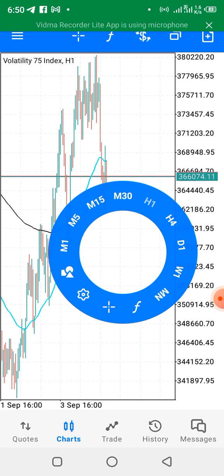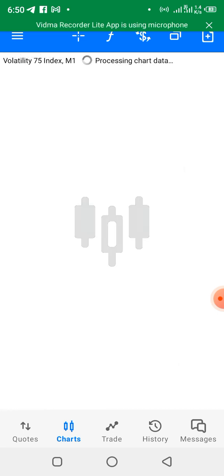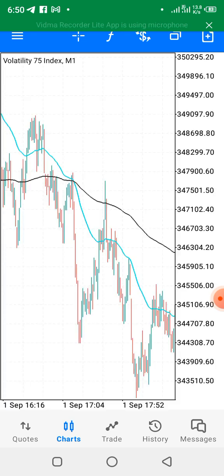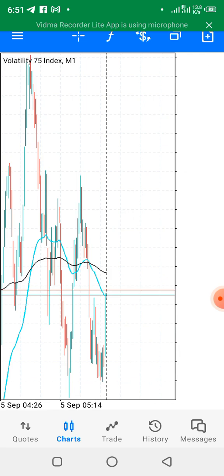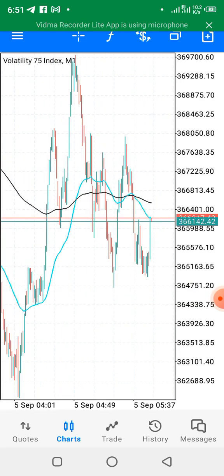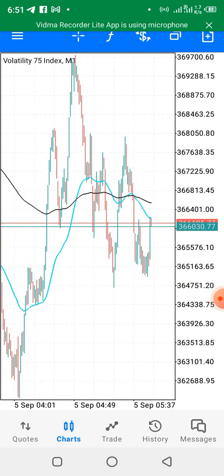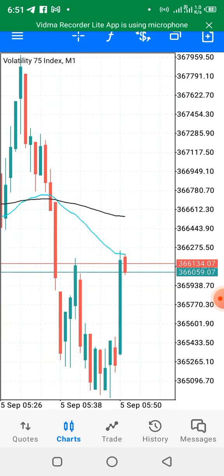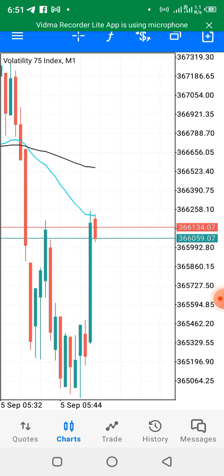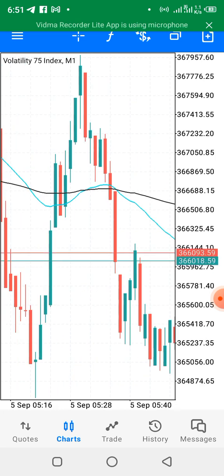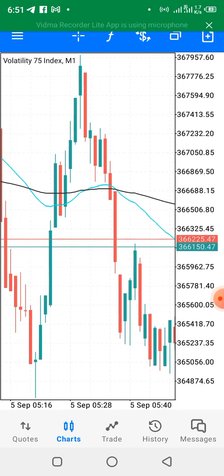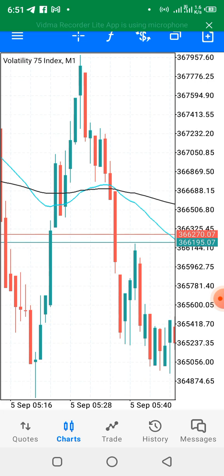So what does it mean? If we go to M1, it's loading, but okay, this is it. If we go to M1, what it means is that each of these candlesticks you're seeing, this green and red guy that is forming, they will have a video for candlestick anatomy where we explain candlesticks in detail.